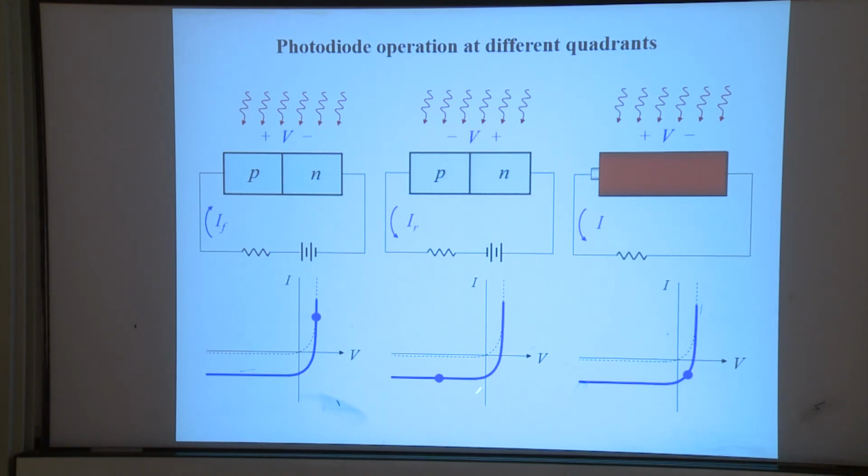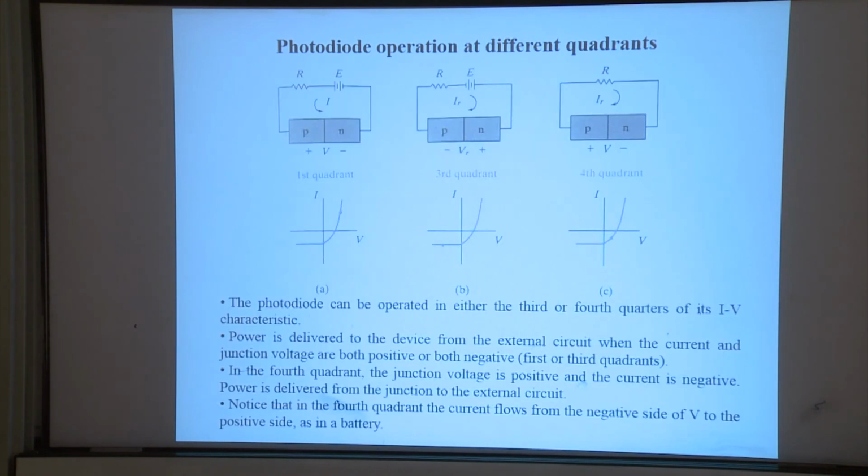And this is for the photodetector, for detector use. And this is for the fourth quadrant. This is used for the solar cell. Okay, so this is what I have talked about. You can just take a look.